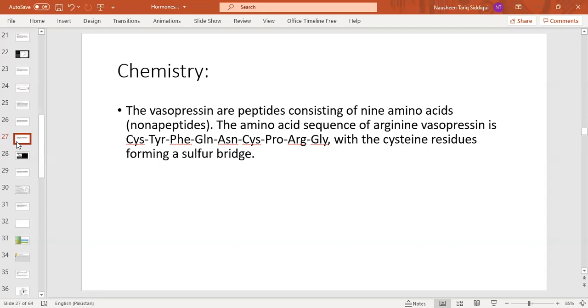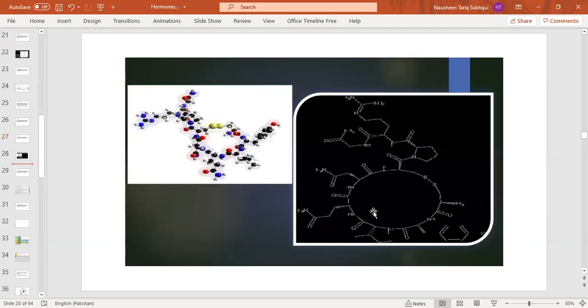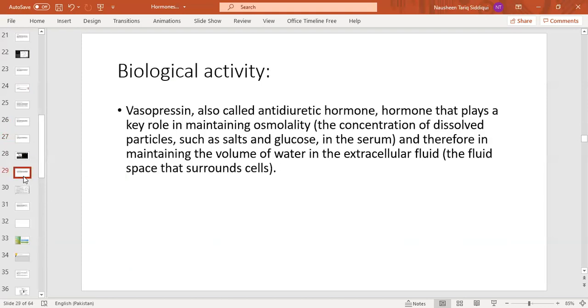The cysteine residues are joined by a sulfur bond bridge, okay? This is the structure. It is also a circular or folded structure, okay?